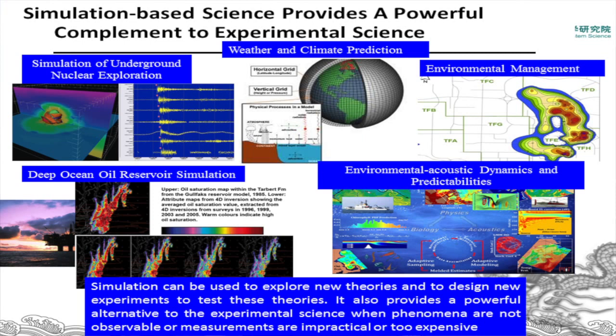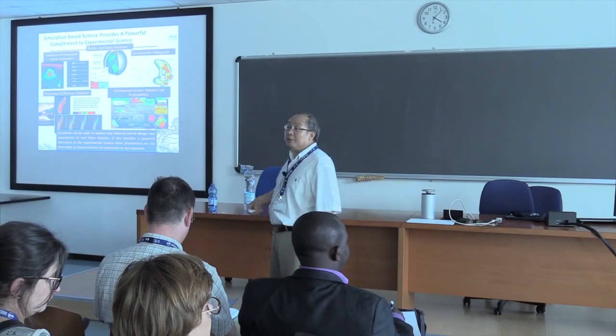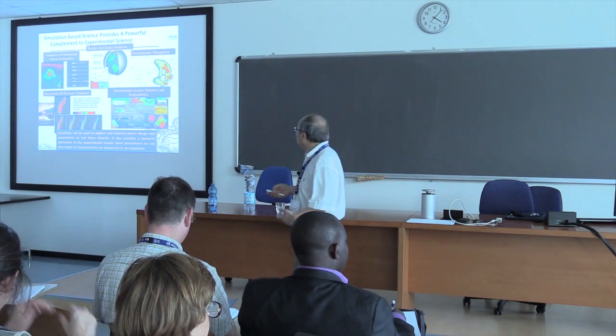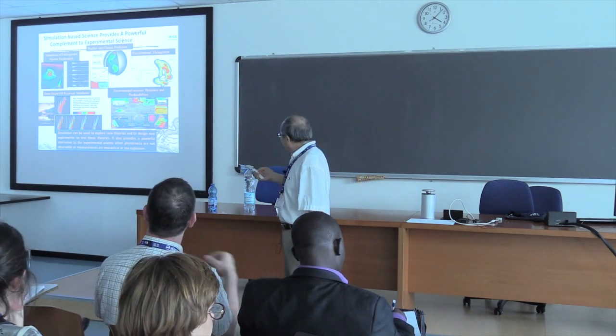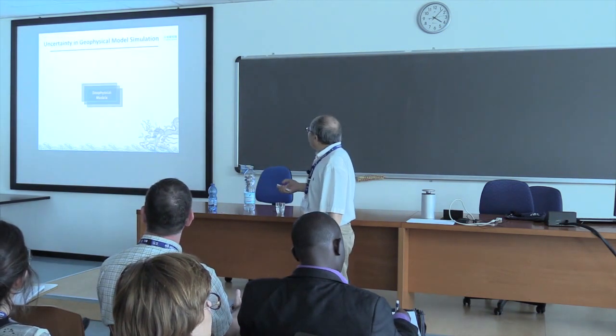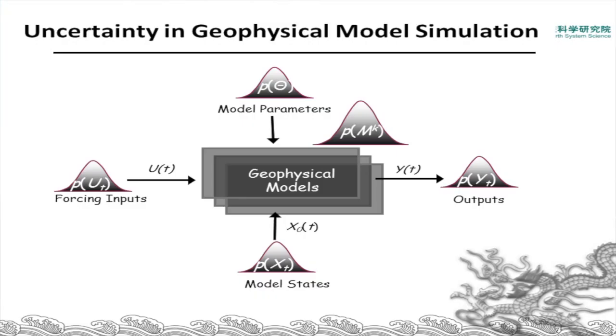Of course, climate models. When we talk about projecting climate change 100 years from now, there's no way we can do an experiment to see what's going to happen. And there are a lot of other geophysical phenomena. We have to use computer models to gain understanding.